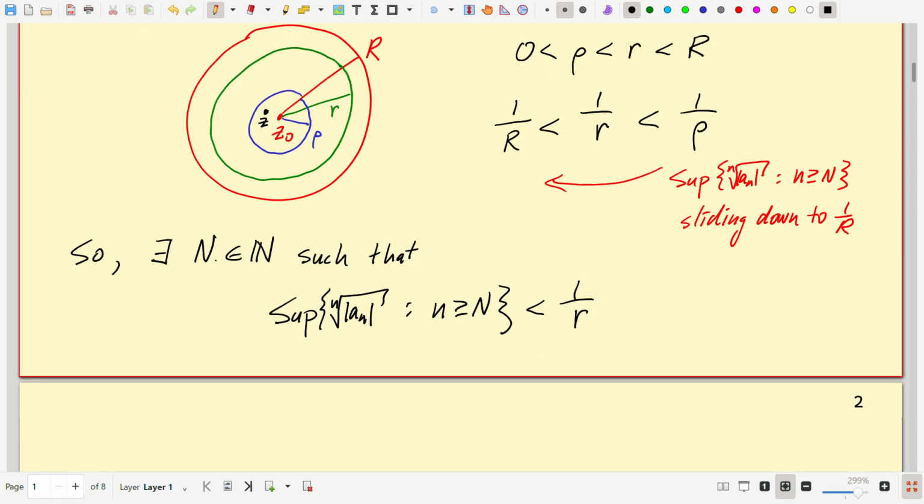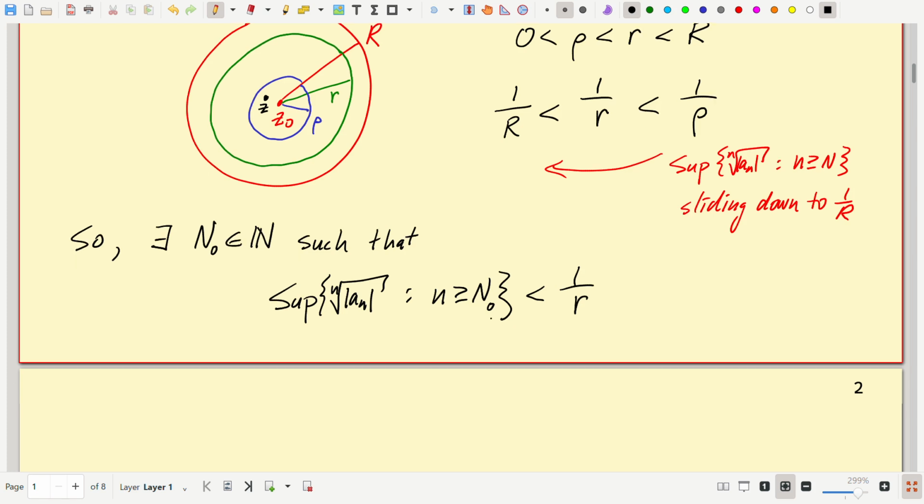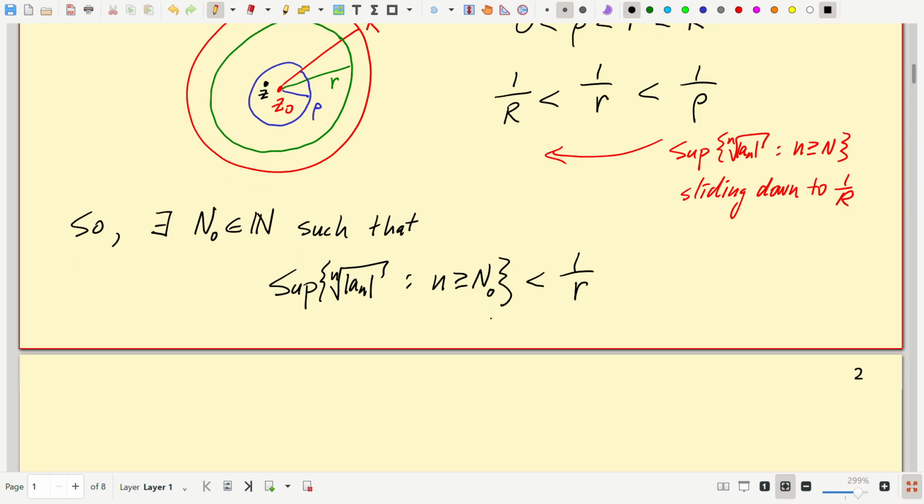Maybe I should call that n naught. Since they only get smaller, that would be true for all the n after n naught too. I don't think I care about that at this moment. Okay, so this shows us that 1 over r is an upper bound, and that sup is the least upper bound.